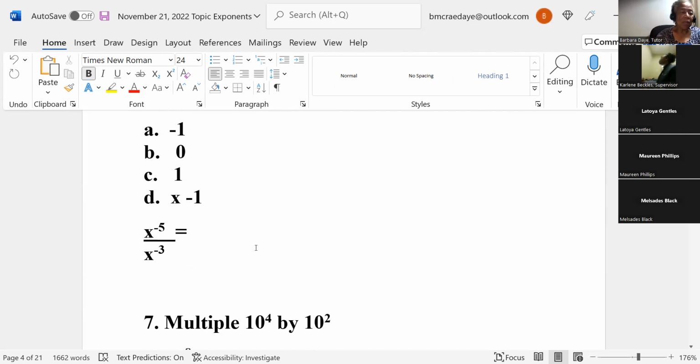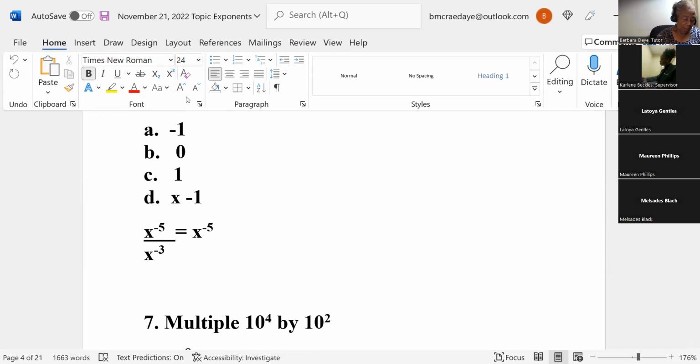All right. So what would this be, Mercedes? That would be addition. No, you subtract the exponent of your denominator from the exponent of your numerator. Okay, so what would that be? Minus 5. That would be minus 2. Okay.